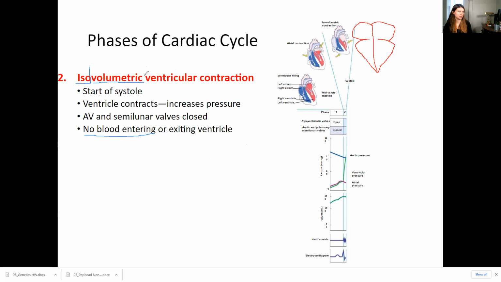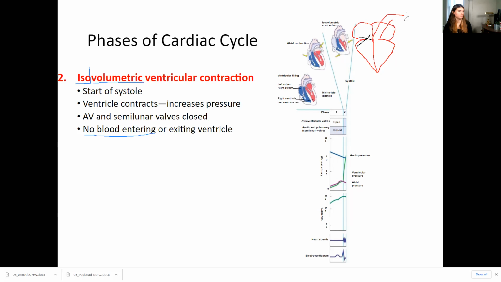So that's the isovolumetric part. Our valves are actually all closed. I'll draw X's where we have a closed valve. We have a closed valve between the atria and ventricles. I guess I want my aorta on here again.